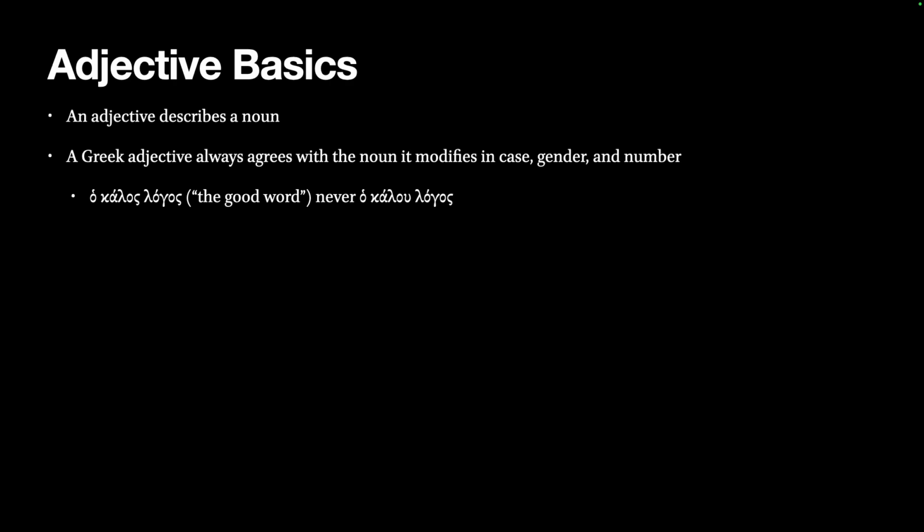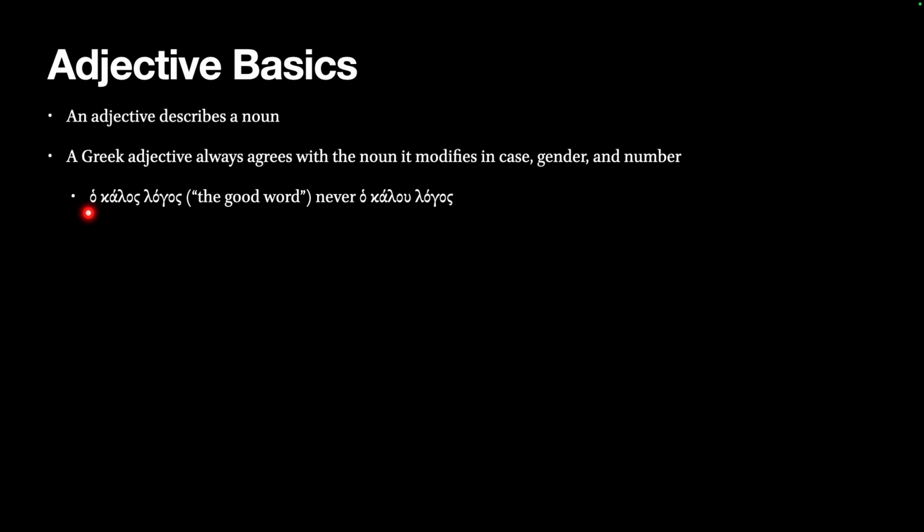So our example here, ho kalos logos. Kalos and logos have the exact same ending because both are nominative, masculine, singular. The definite article, our very good friend, gives us the information for the noun and for the adjective that it goes with. Because the definite article is always going to match the noun in case, gender, and number, so also will it match the adjective that it's going with in case, gender, and number.